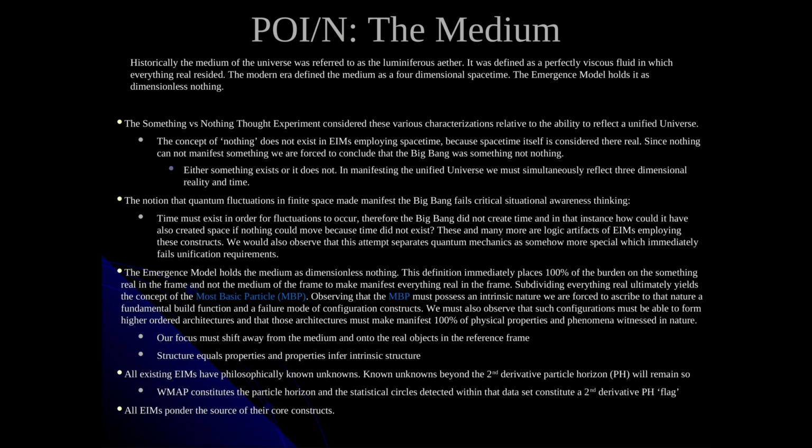There may be one atom or one subatomic particle or virtual particles, but there's something there. The concept of nothing really does not exist in M1, because we must consider space-time as a real object in that EIM. And so all these other things must be explained in terms of that real construct. And in the case of M5, we tend to refer to those as MBPs or configurations of them.